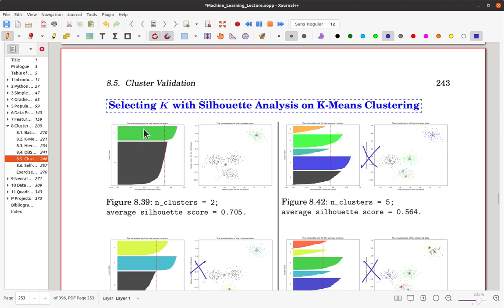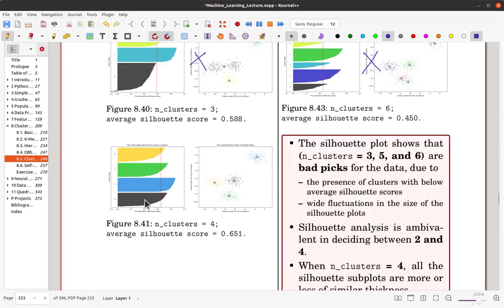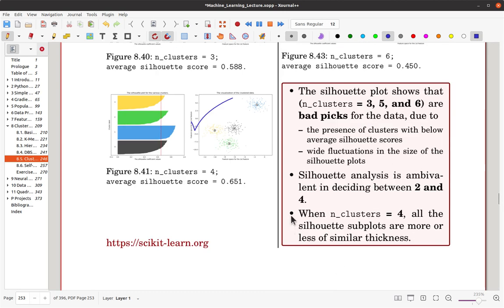One is much larger than the other. But for K=4, it is more or less uniform and the thickness is almost the same, which means each cluster has more or less the same number of points. So eventually we decide on K=4. When K=4, all the silhouette subplots are of similar thickness, so we choose that.